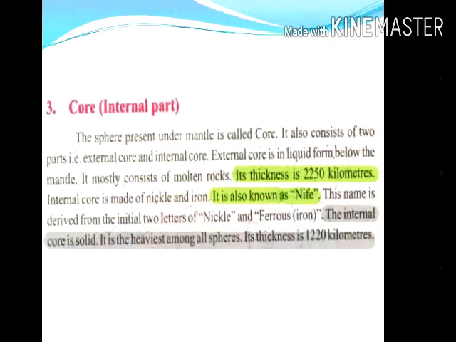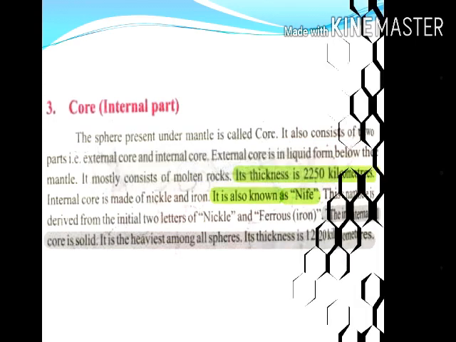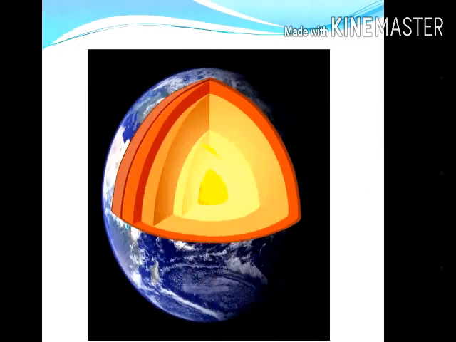The third part and the innermost portion of the Earth is core. The sphere under mantle is called core. It consists of 2 parts, external core and internal core. This is the external core and the inner part is internal core.